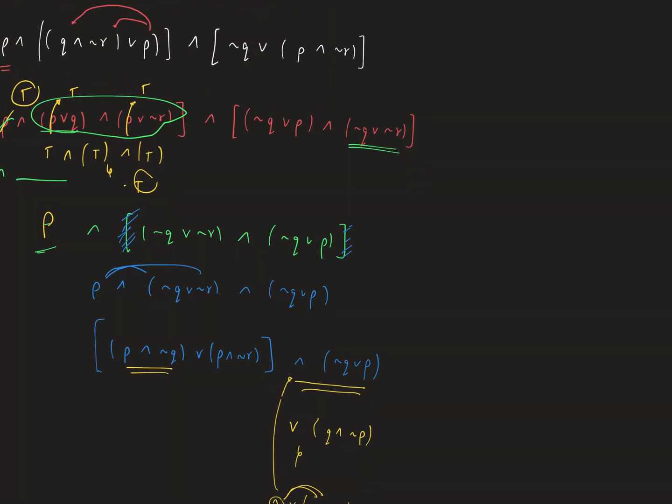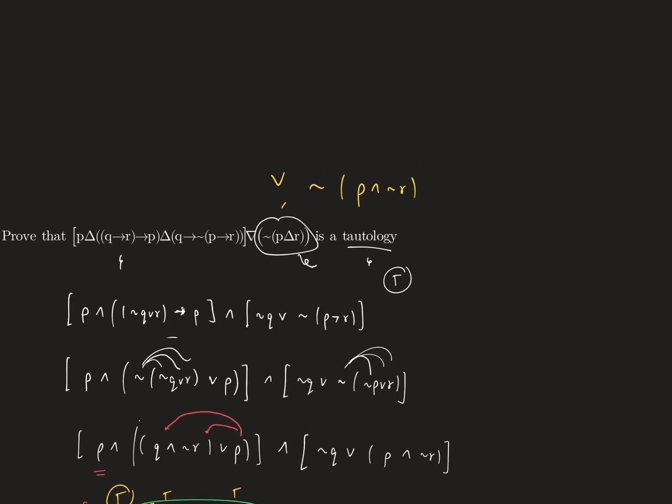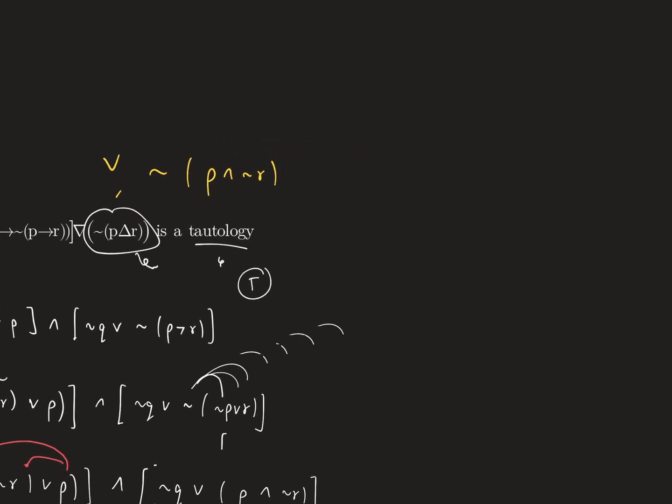And now it's time for us to look at the last group, which is, well, this one must be not of P and not R. So it's going to be or and not P and not R. So the result is, well, I'm going to distribute this one into this one.